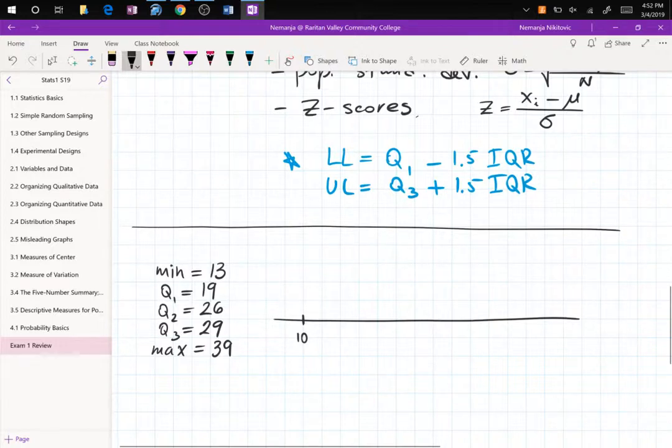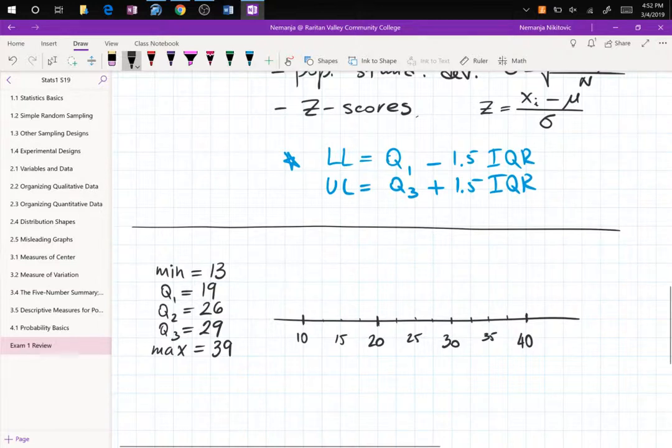No. Let's do 4: 1, 2, 3, 4, 1, 2, 3. Okay, so now I have my values. Each one of these middle lines, this is my 15, this is my 25, this is my 35.